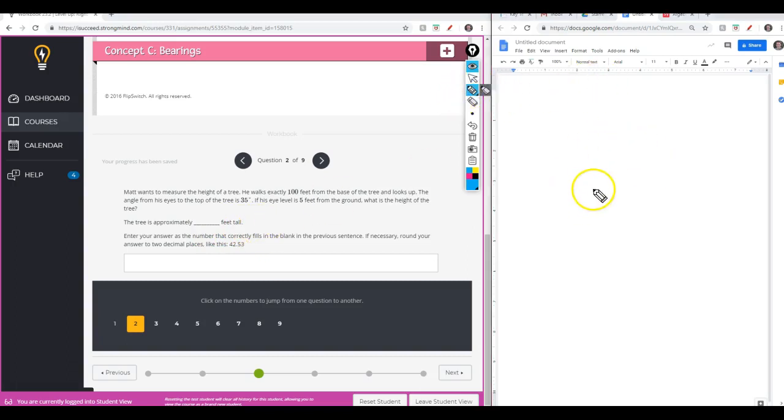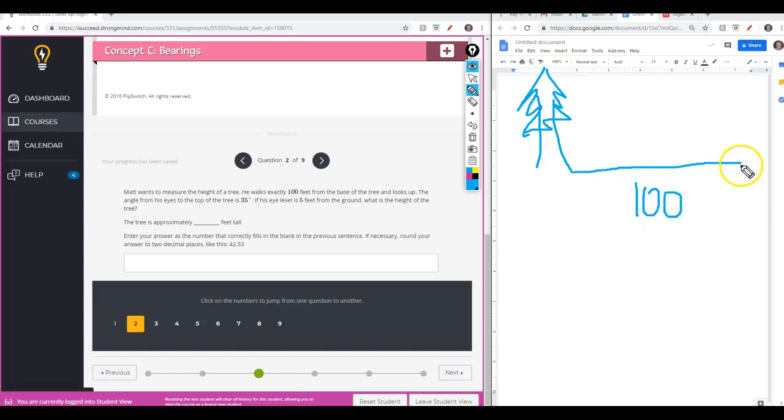Okay, so let's look at this. Here is a tree, and he walks 100 feet from the base of it. And here he is, here's his eye.